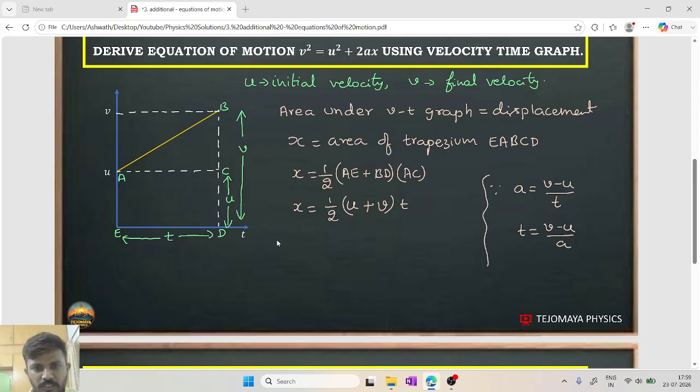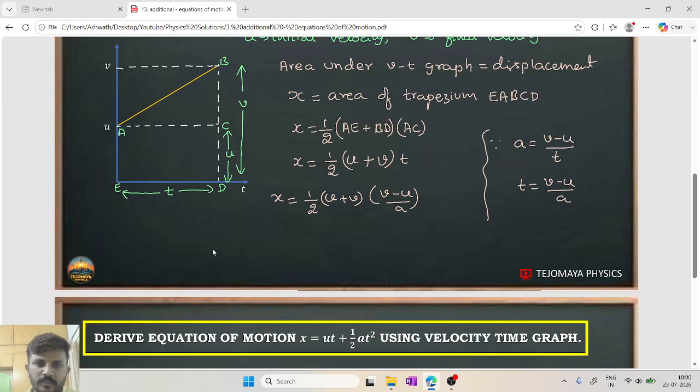So if I substitute that here, x is equal to half into U plus V into V minus U by A. Then x is equal to U plus V into V minus U, that is V square minus U square divided by 2A.